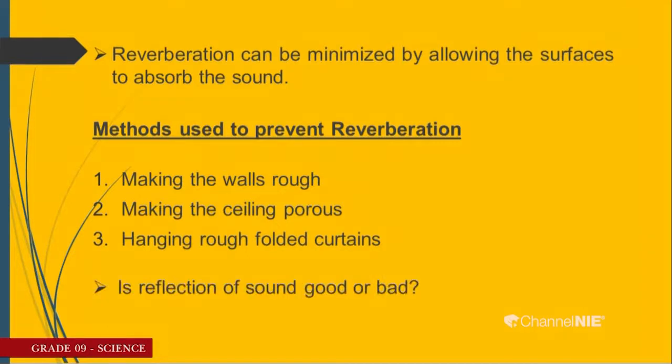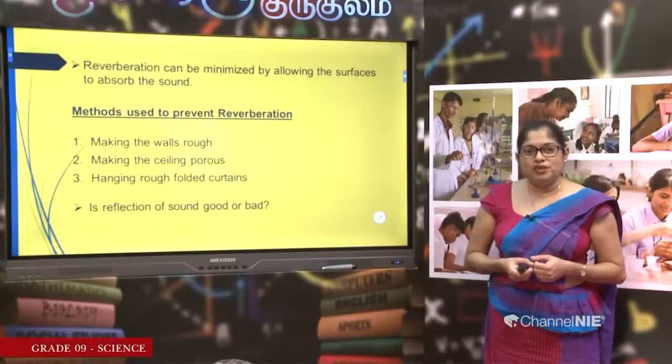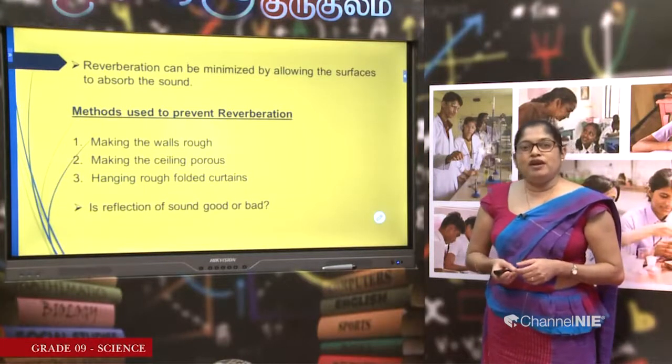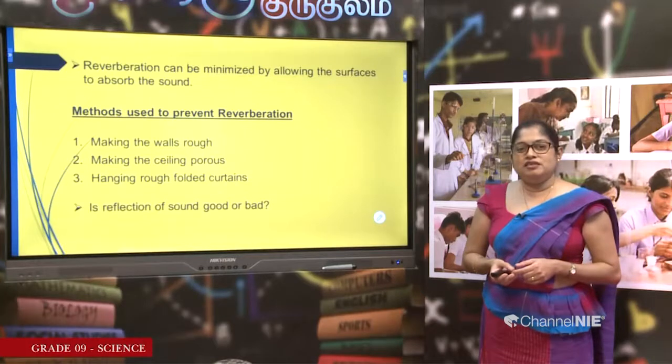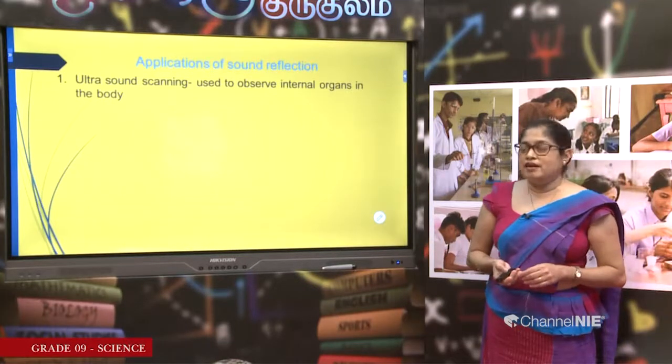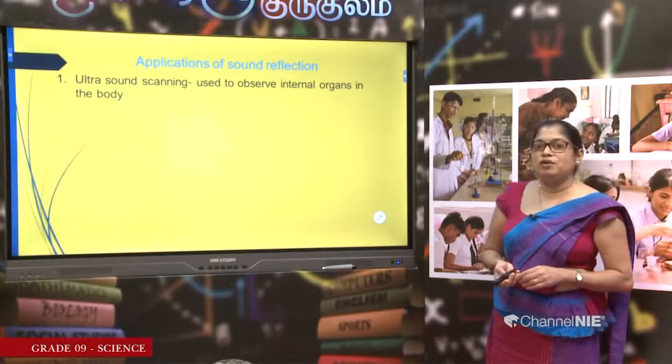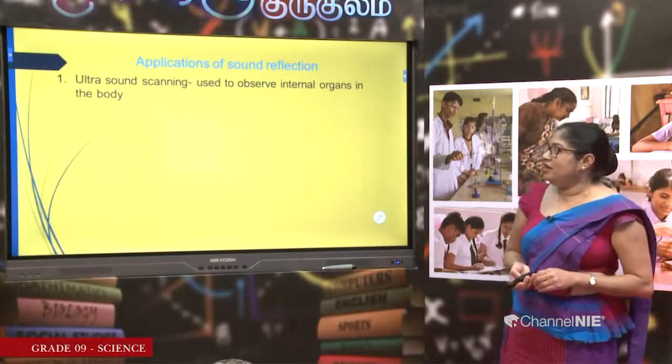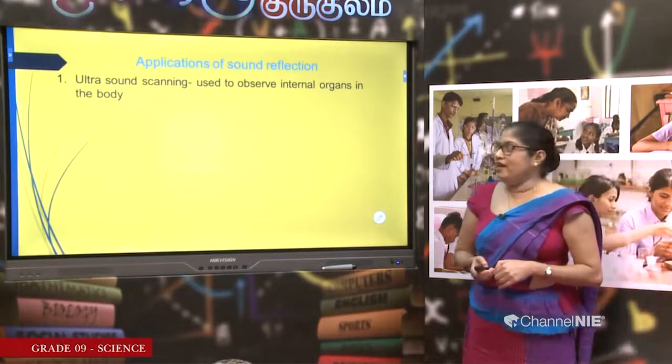Is the reflection of sound good or bad? What do you think? My answer is both. Echo and reverberation are instances where the sound is disturbed, but there are some applications of sound reflection. Ultrasound scanning.